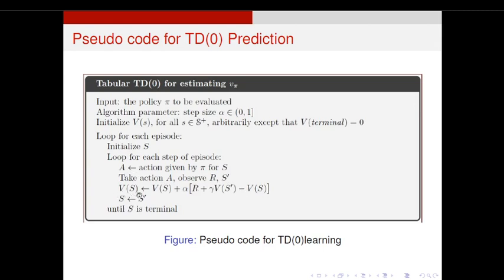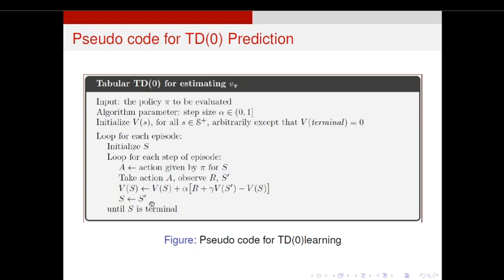V of s equals our temporal difference update: V of s plus alpha into r plus gamma into V of s dash minus V of s. Then we update s by s dash. That means we change our position. Now we are at s, calculate the temporal difference update for the state s, and this value is updated like this. Next I move on to the next state, that is s dash.